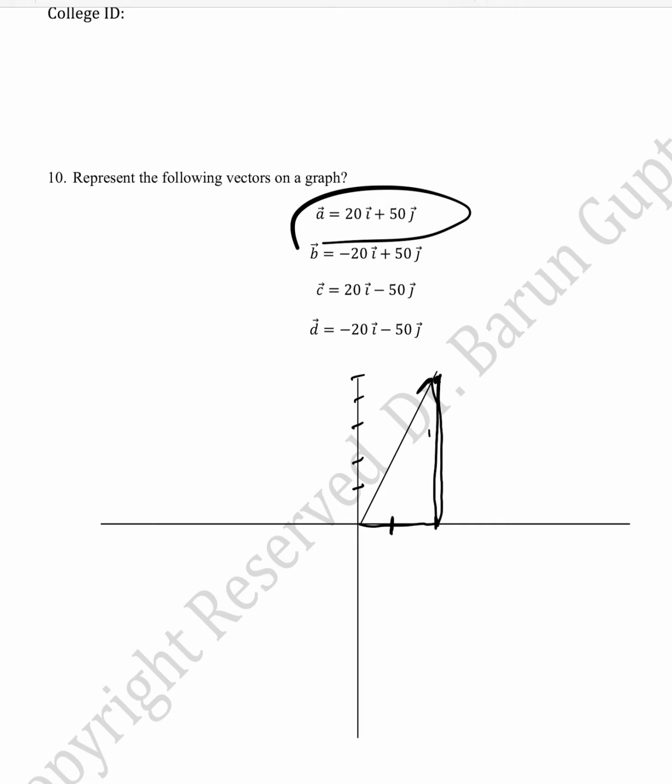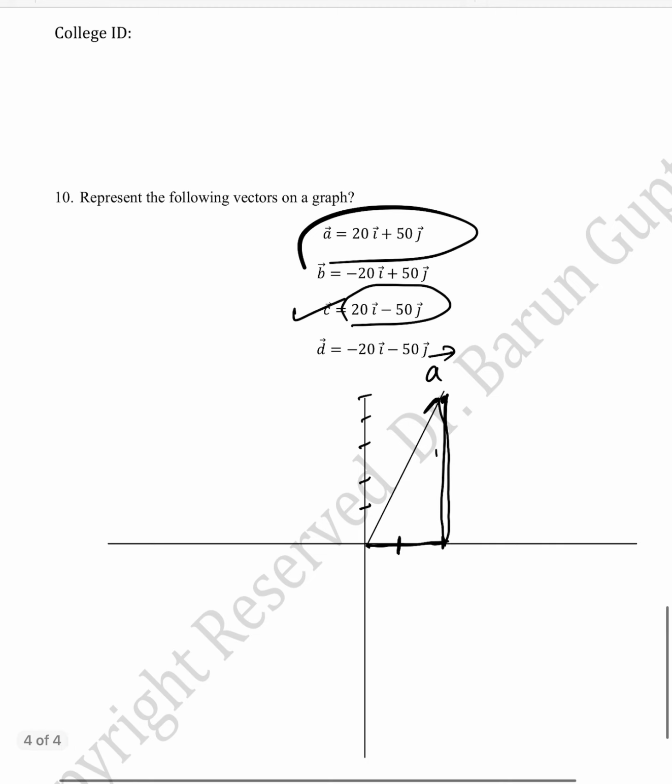So this will be my a vector. Now if I consider the c vector, what is this, it's 20 units, and this is negative here, so I have to go down. So this will be my c vector, and this will be the a vector. And similarly, you should be able to plot the other vectors.